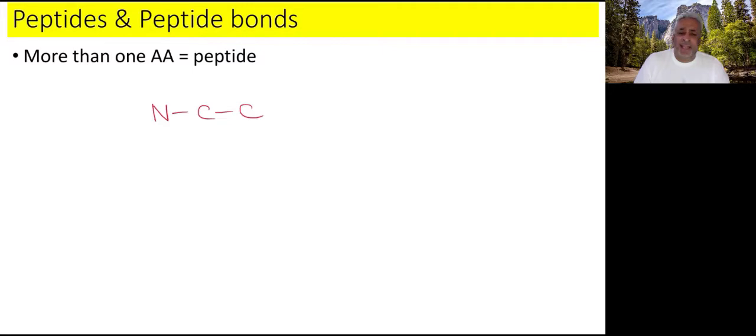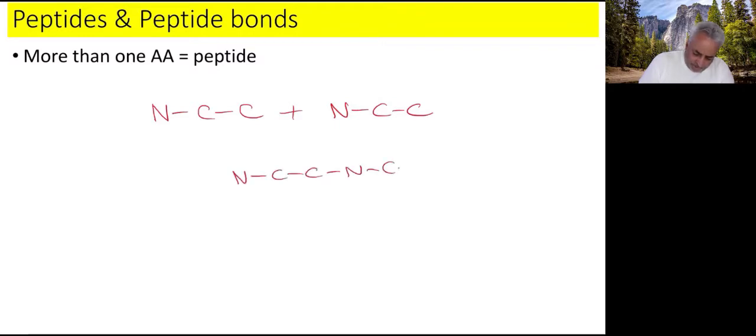And let's add that to a second amino acid. So there we go. And the second one could be any one of the 20, and the first one could be any one of the 20. The cell will decide which combination to attach depending on the information carried by the DNA. So once you bond these together, you will end up with a backbone that looks like this. Now that is called a dipeptide.